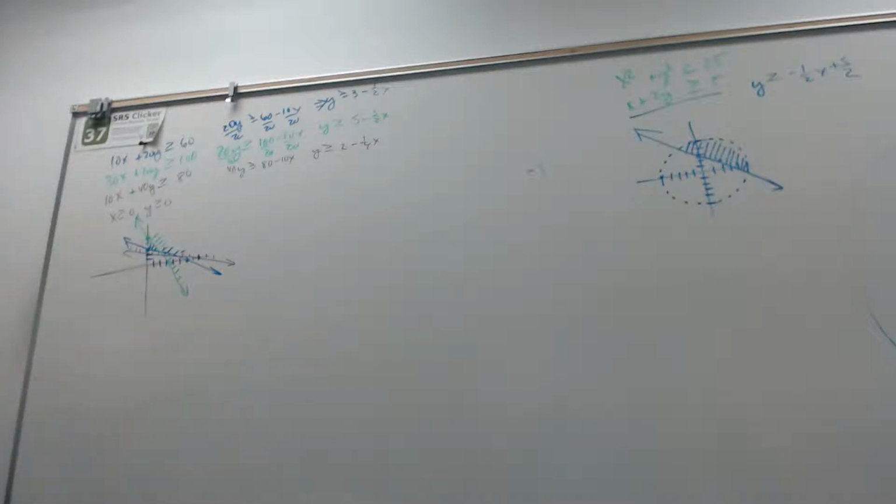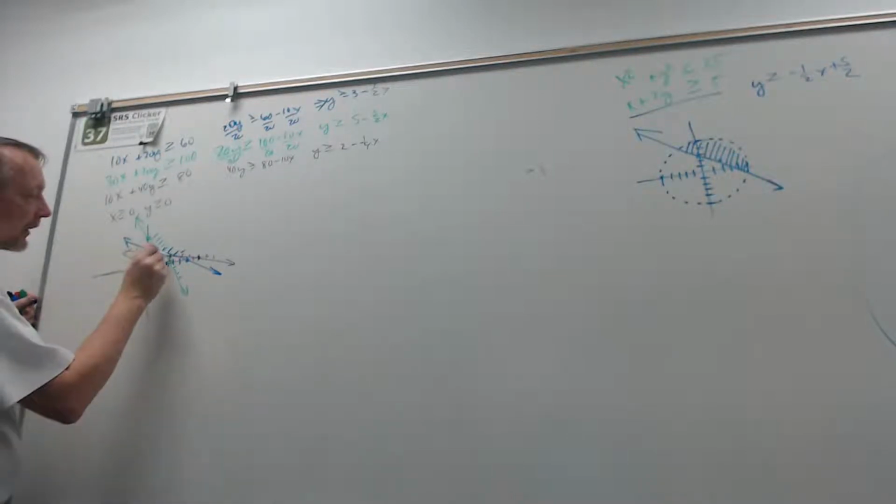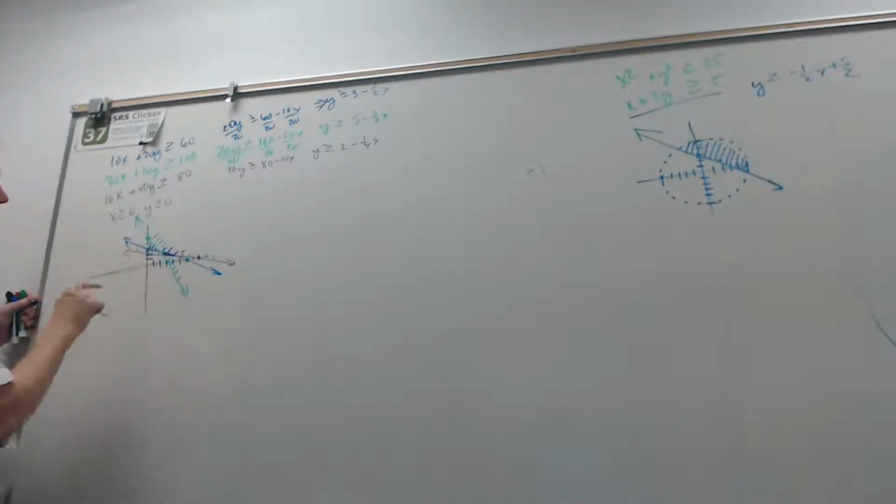And finally, x greater than 0, y greater than 0. So what area do we want? What area is entirely shaded by all three regions? It's got purple, it's got blue, and it's black.